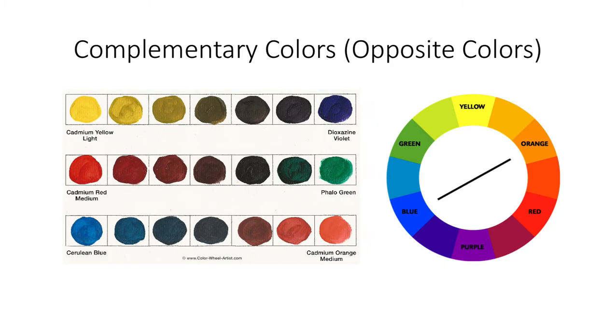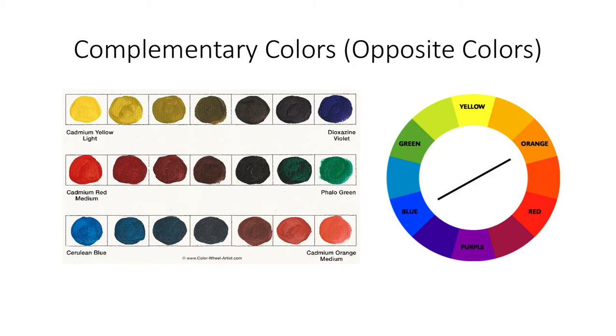So when you want to dull the color, and many of you might already know this depending on your foundations classes, one thing to keep in mind is complementary colors. You can also call these color opposites, colors that are opposite one another on the color chart.